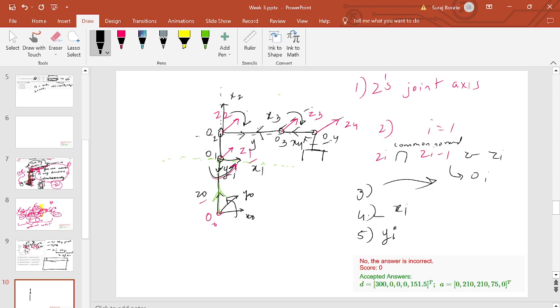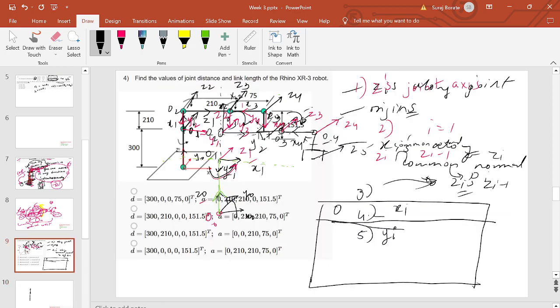It will be like this, right? That way you put all the Y2s, and we are done. The only thing is, at the end, for the end effector frame, you copy the frame that is just before it. Then you are done.